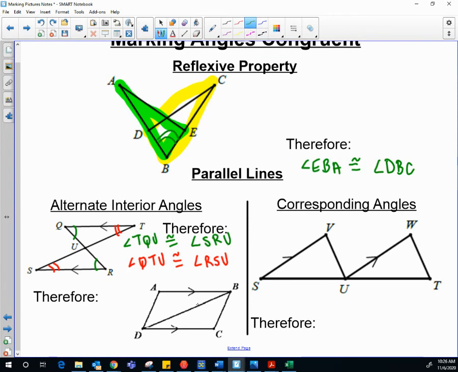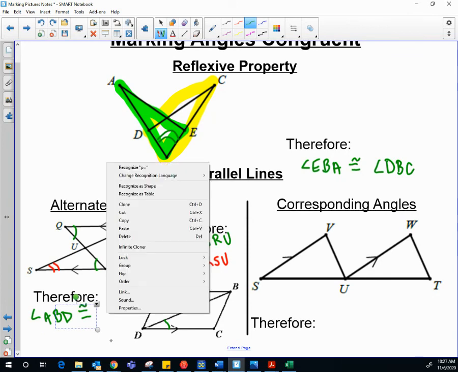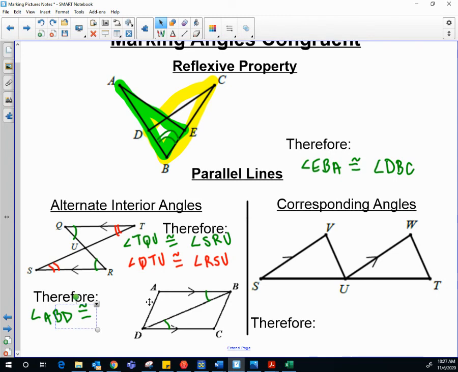If you look at this other picture, here we know that these lines are parallel, again, because they gave us the arrows on the line indicating that they're parallel. So meaning in this figure, we can look for our alternate interior angles. So we have this one and that one. And so then if we name them, that's angle ABD is congruent to angle CDB.